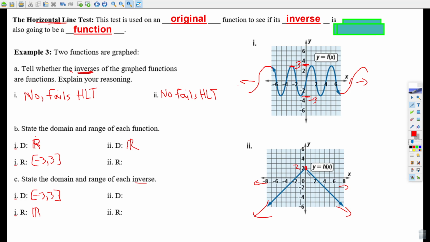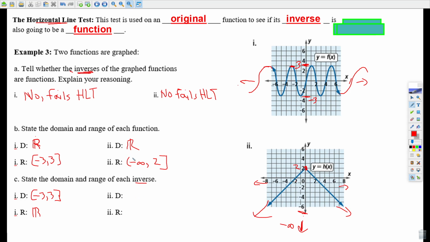But since it goes down forever, it will never have a minimum point. So we can say this goes from -infinity, because we have to go from low to high. So it goes down forever, so we go -infinity up to and including 2. So that would be a bracket.